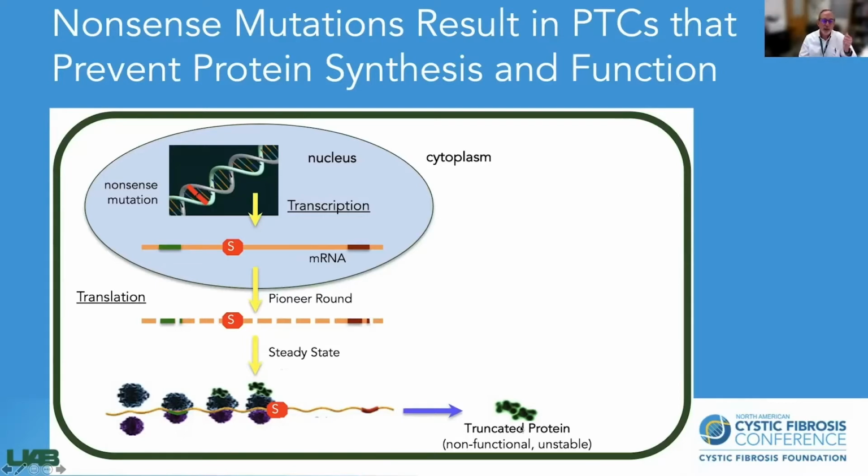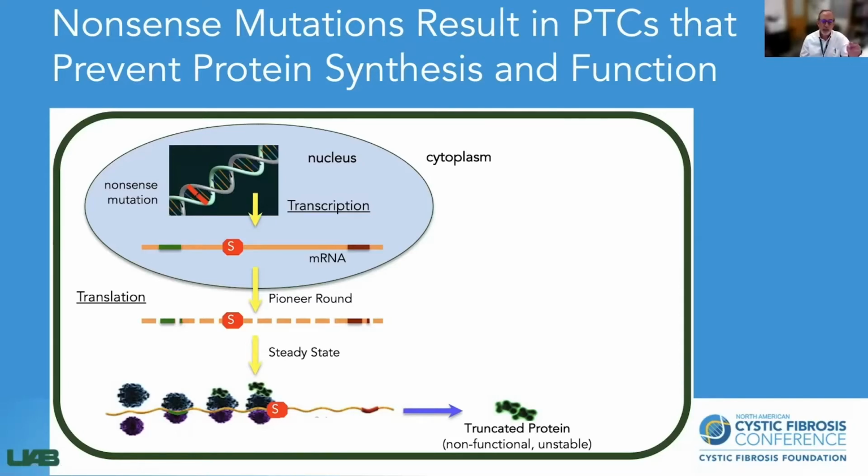So there are two major consequences of having a nonsense mutation that leads to a premature termination codon. The first is synthesis of a truncated protein. And then as a secondary consequence, this leads to destabilization of mRNA by nonsense-mediated mRNA decay. It reduces the steady state level of the mRNA, denoted here by the dashed line, and this can be down 2-fold to 20-fold.